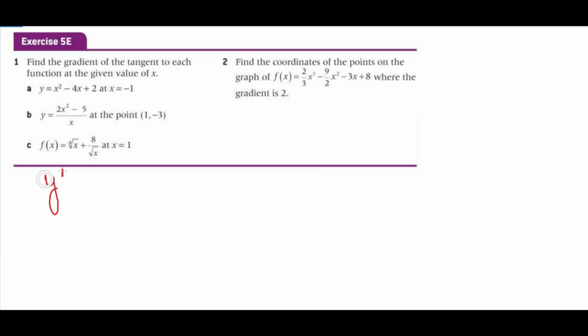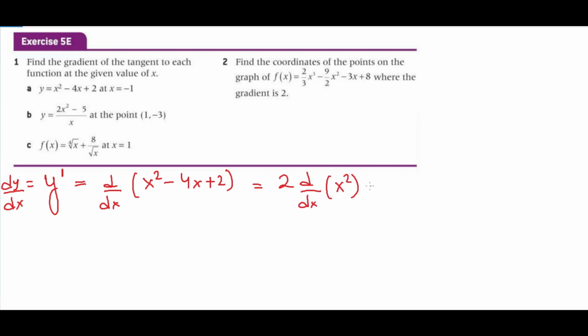y dash is another way of writing dy by dx, if you don't know. So it is dy by dx of x square minus 4x plus 2. Separate it, you get dy by dx of 2x square, negative 4 dy by dx of x, plus dy by dx of just 2.